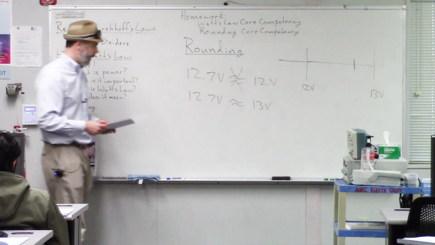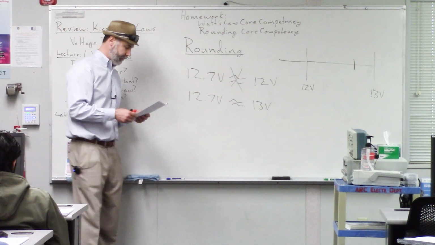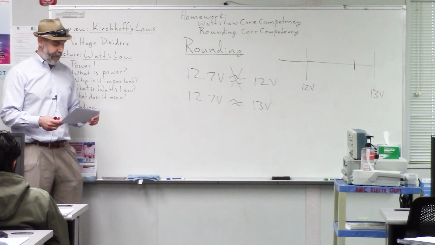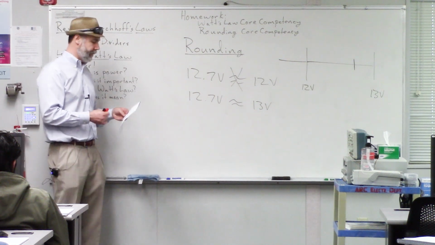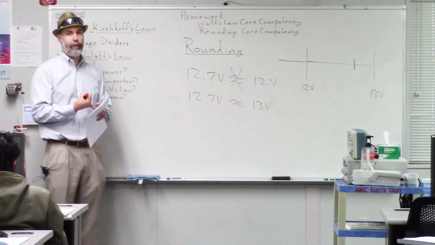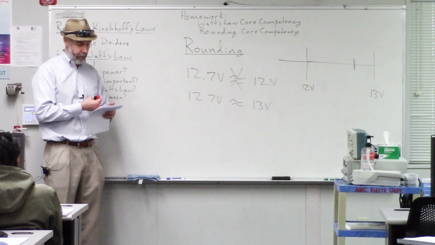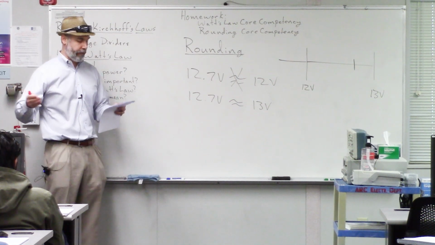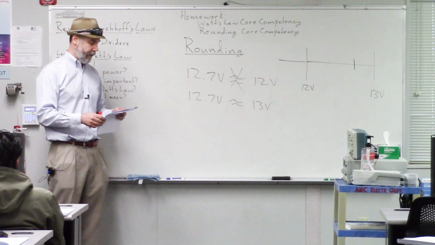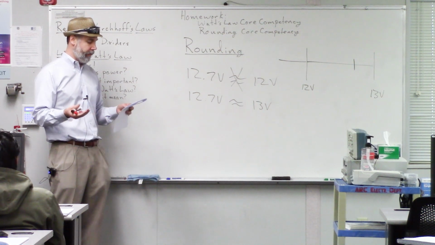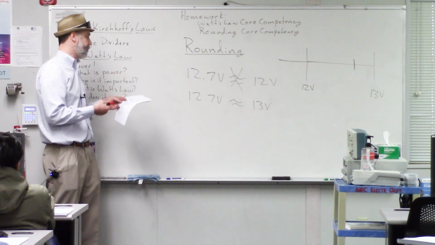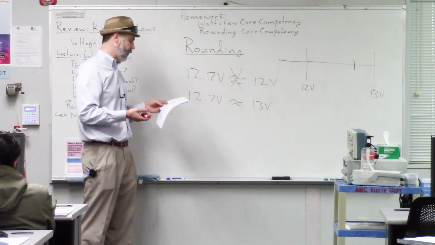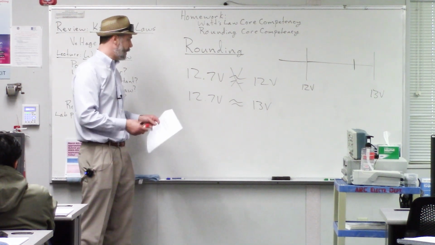All right. So the basic procedure for this is you decide how many numbers you want to keep. You look at the digit to the right of the last one that you want to keep. And then if the number is 5 or greater, you round up. And if it's 4 or less, you round down, okay?